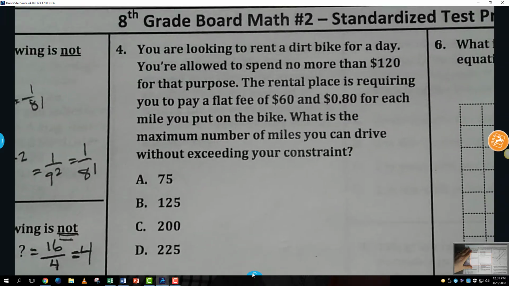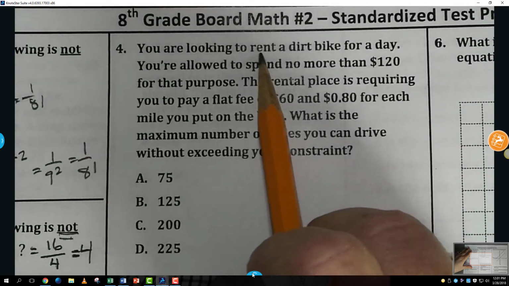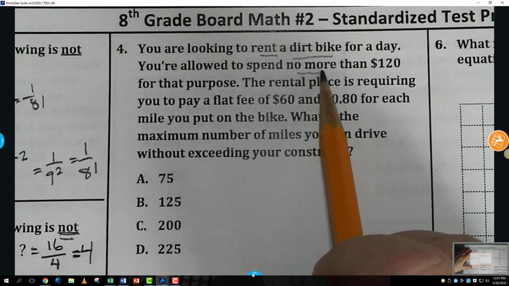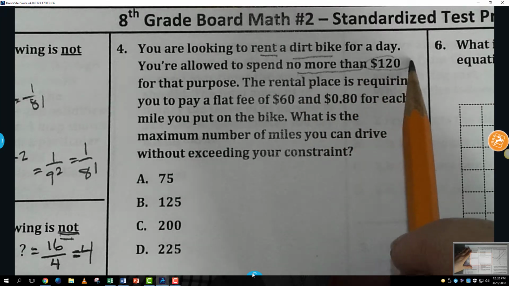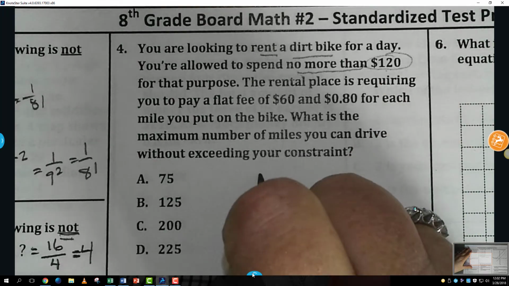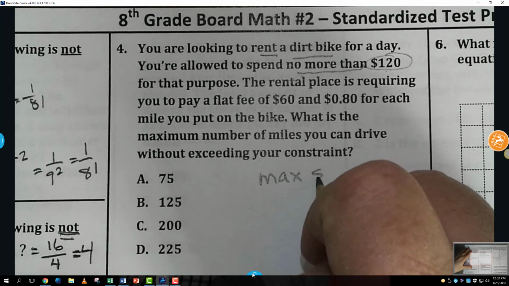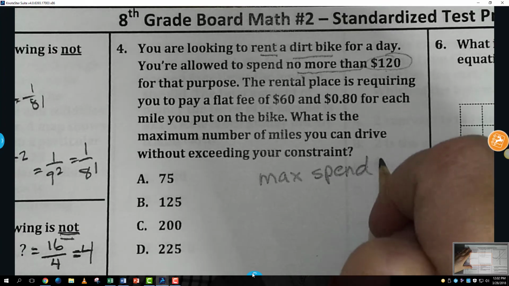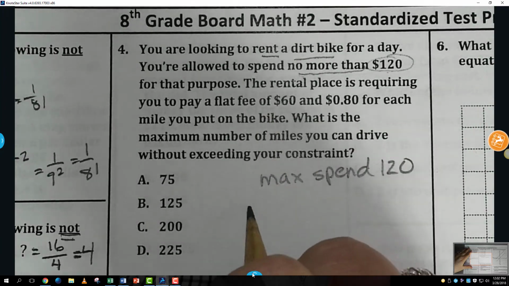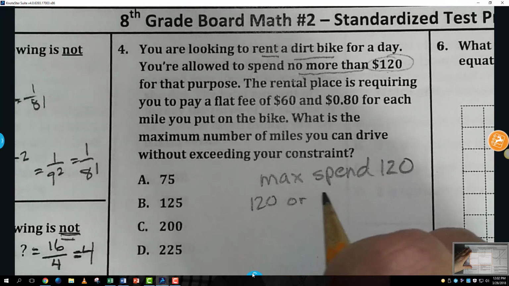You're looking to rent a dirt bike for a day. You're allowed to spend no more than $120. Okay, so the maximum you can spend is $120. Okay, so I can spend 120 or less.